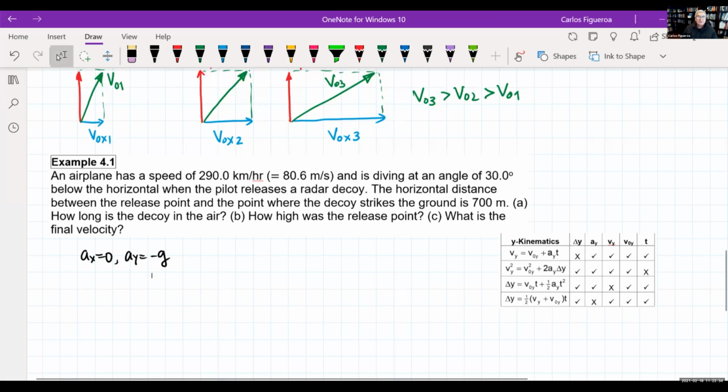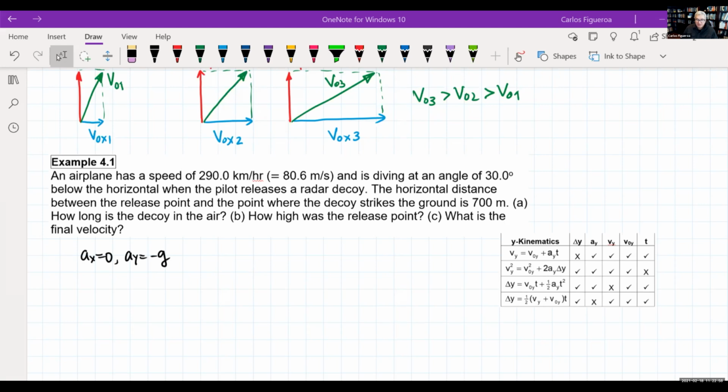Okay, so let's read the question. You have an airplane with a speed of 80.6 meters per second, diving at an angle of 30 degrees below the horizontal, when the pilot releases a radar decoy.